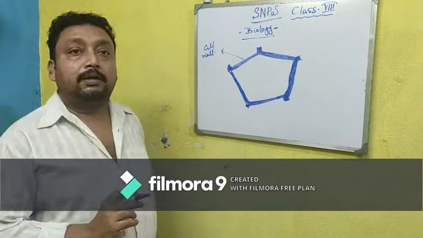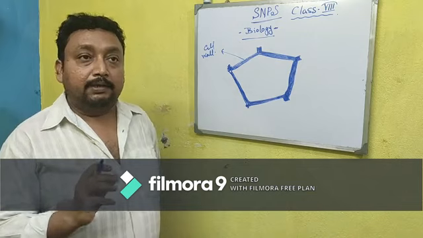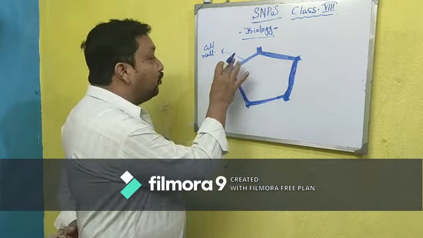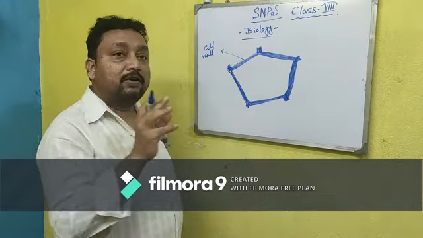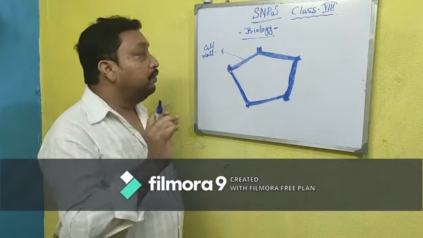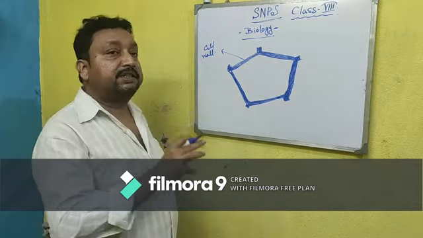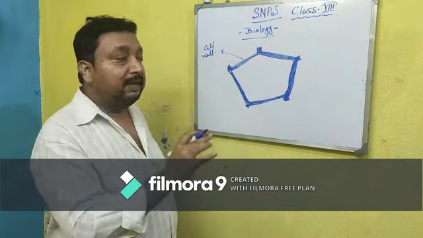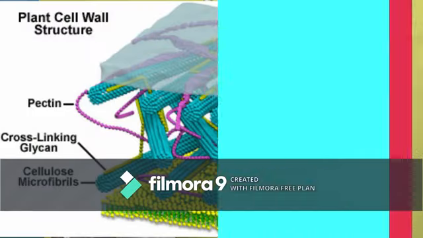The cell has two basic parts, cell covering system and protoplasm. Cell covering is of two types, cell wall and cell membrane. The outermost rigid part of a plant cell is called the cell wall, which is mainly made up of cellulose.